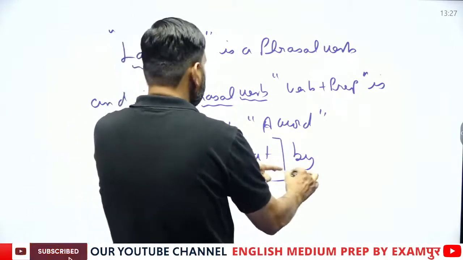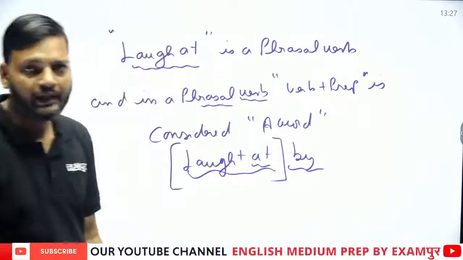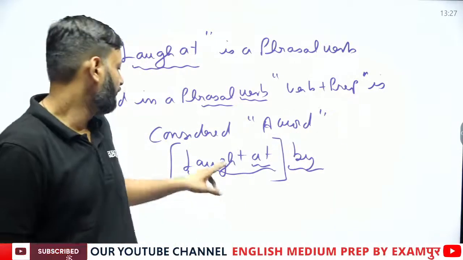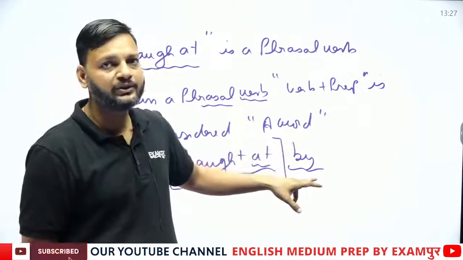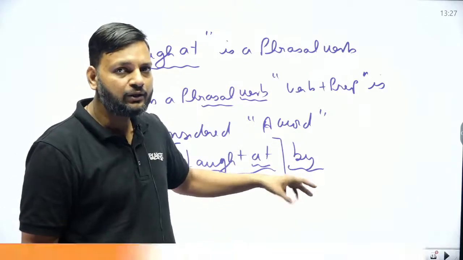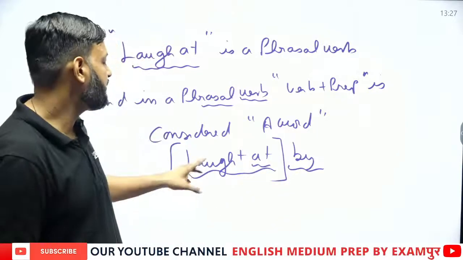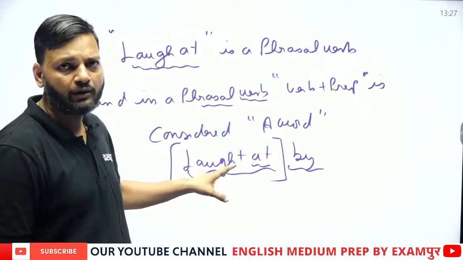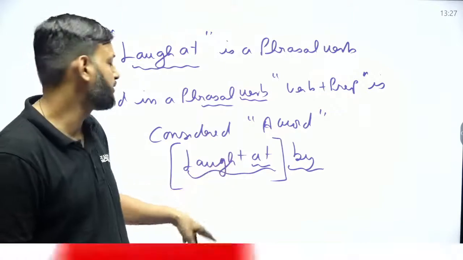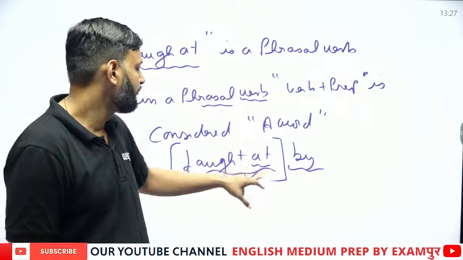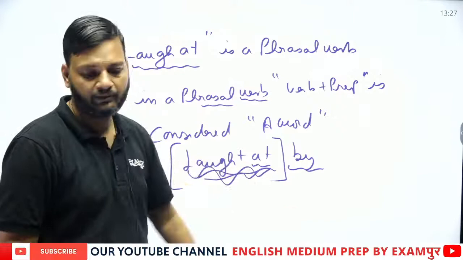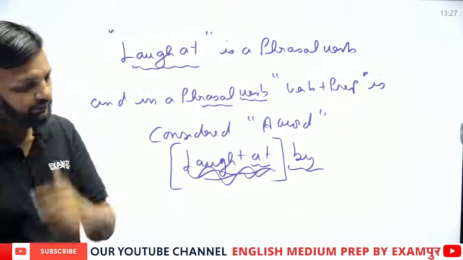This is phrasal verb plus preposition. If you see it like verb plus preposition plus preposition, you'll think these are two prepositions, but there is just one preposition: phrasal verb plus preposition.